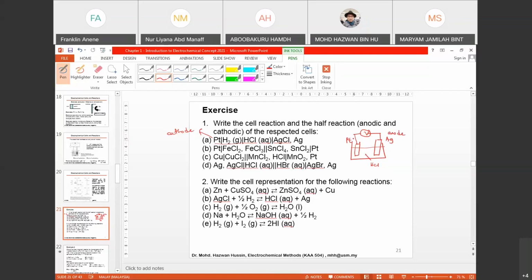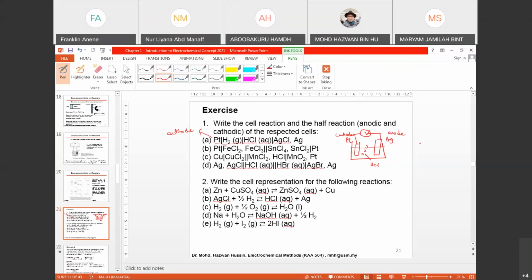Platinum is a noble metal and less reactive, so anything connected with a less reactive electrode will always be cathode. So this is the hydrogen gas bubble.